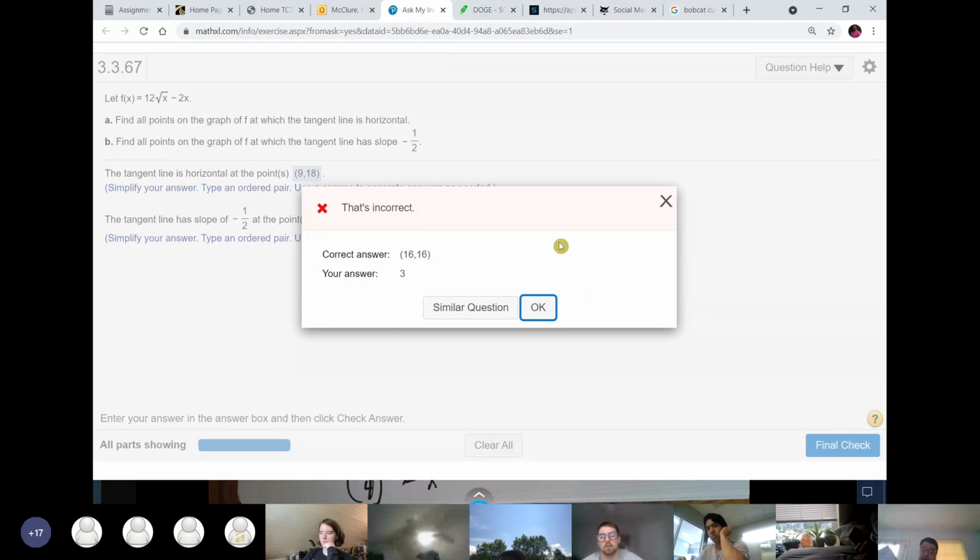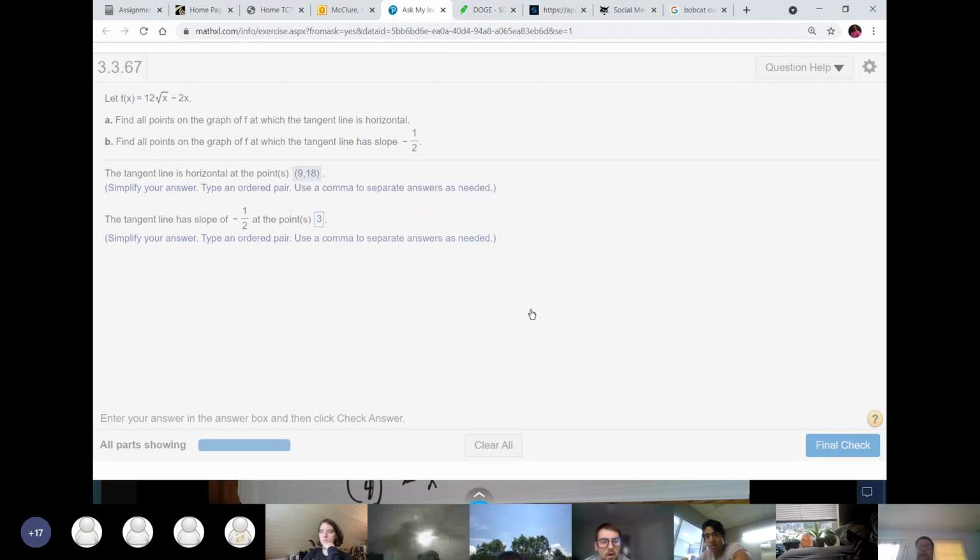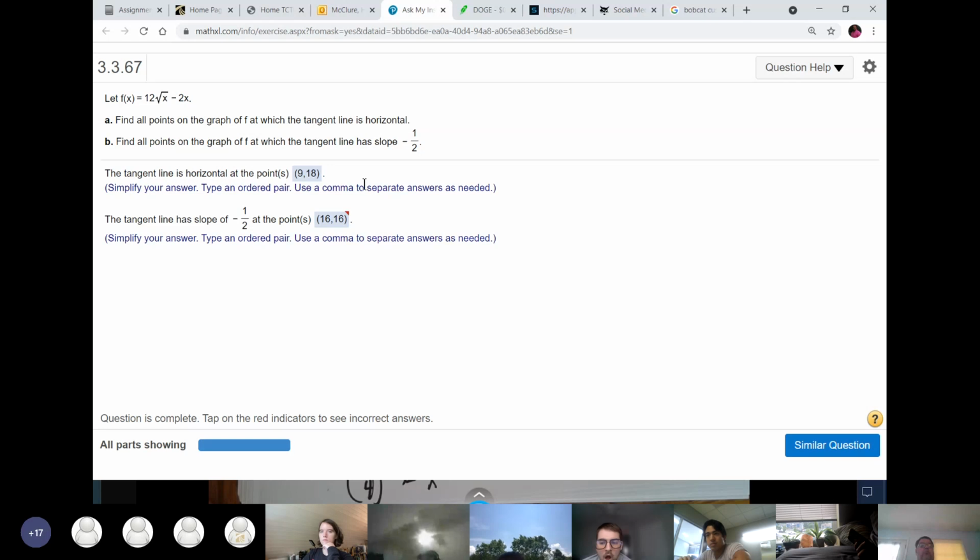So maybe y'all can see where I went wrong. We got the first part right, correct? Didn't we get 9 and 18 for the vertex? Yes or no? Yeah, we got that one right. All right, well, let me go back and do it again. I got 6x to the negative 3 halves minus 2 is equal to negative 1/2. I must have done something wrong with the algebra. This kind of stuff drives me crazy. Negative 1/2 is equal to 6x to the negative 3 halves minus 2.